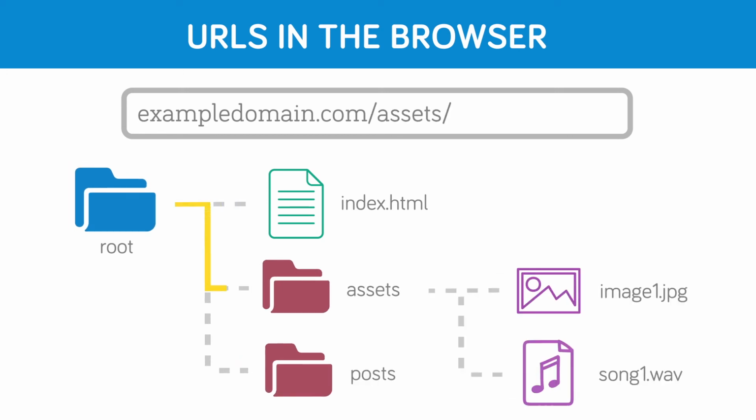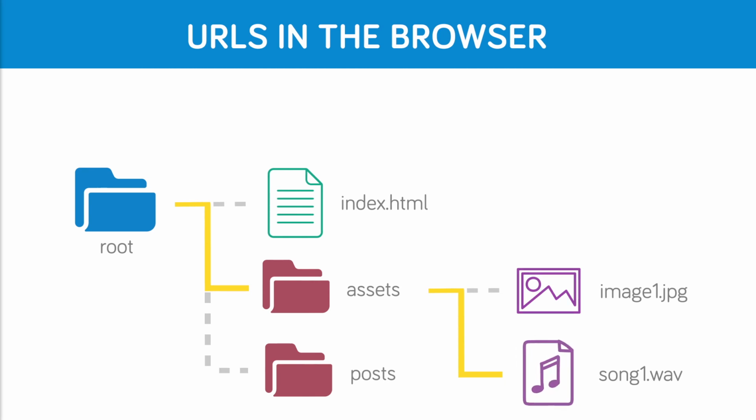Sometimes you'll also see directories or files written in the URL bar after the domain name. You can read these just like any other file path, with words followed by slashes indicating folders and anything ending in a file path indicating a file.